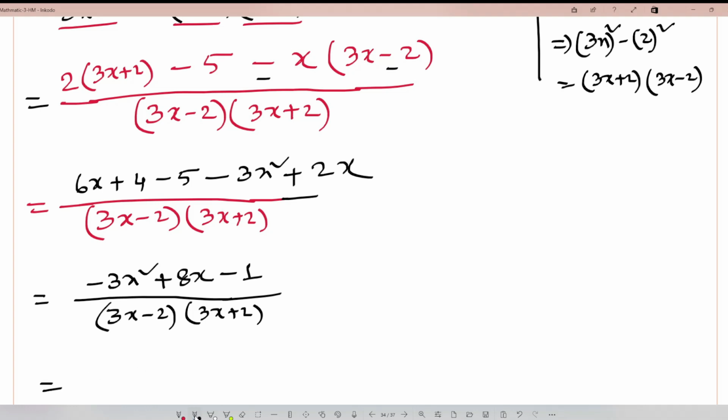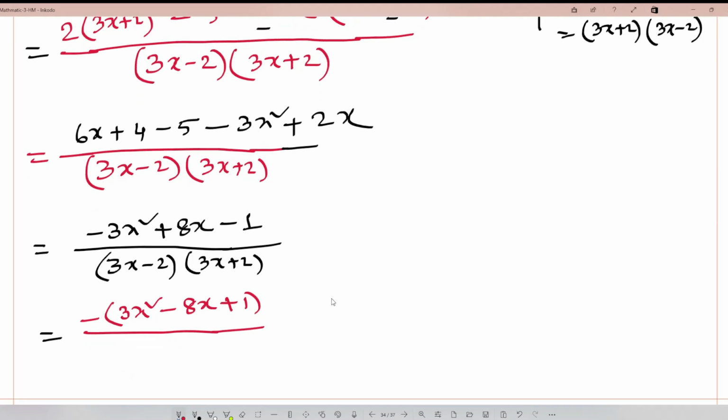Two things here. One is we should take out this minus, because every algebraic expression has a decoration. So minus is not looking so good, so we can take the common minus. So here is 3x squared minus 8x plus 1, okay.